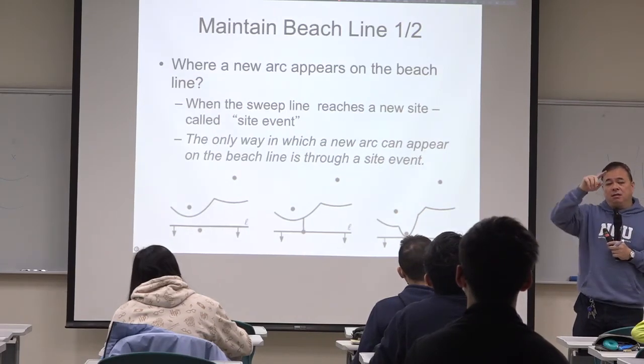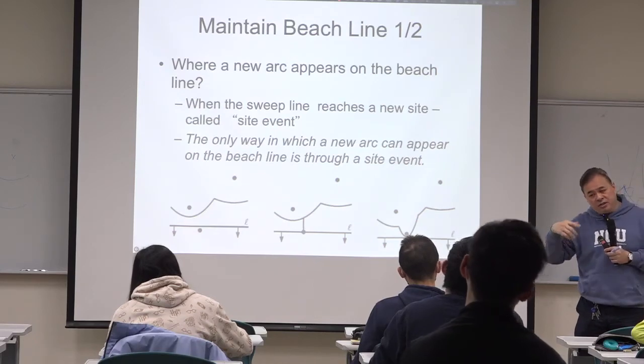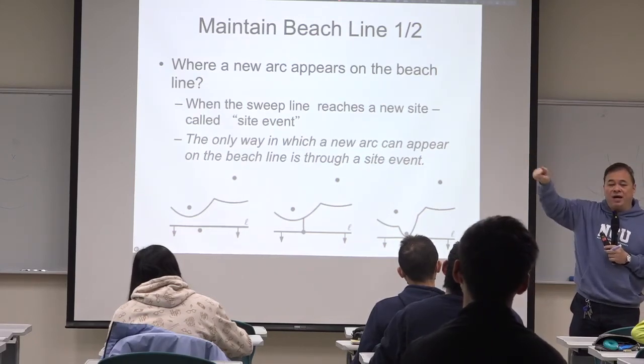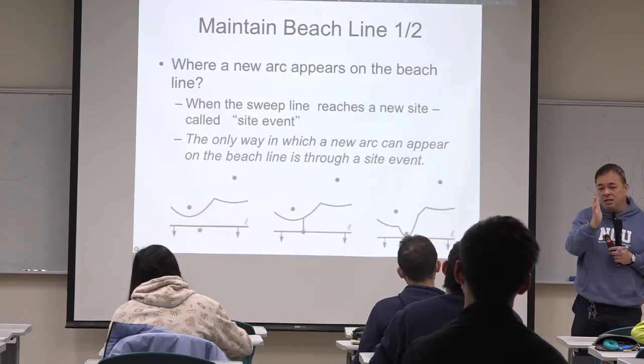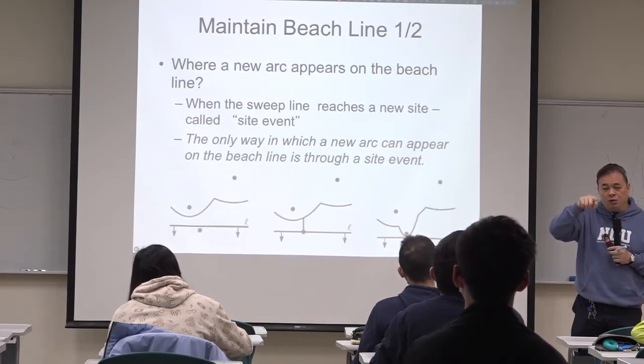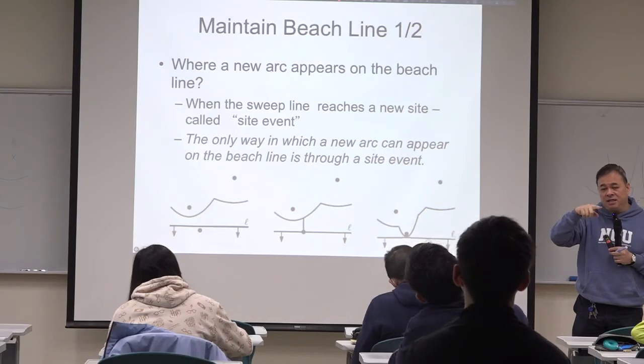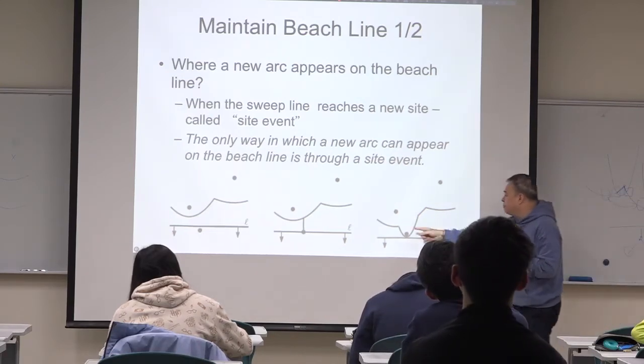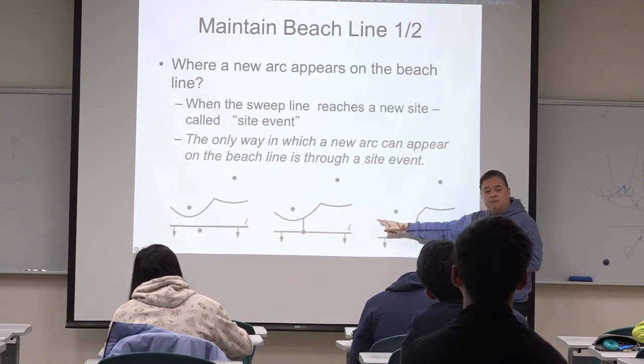Say each site when it is created will break the previous arc into two pieces, including the original one it has. So when it breaks the previous arc into two, it has at most 2n.